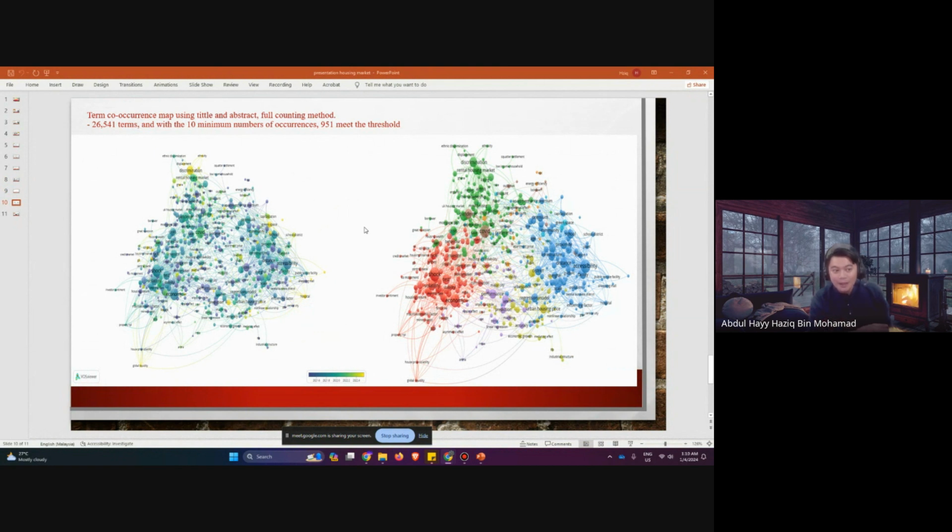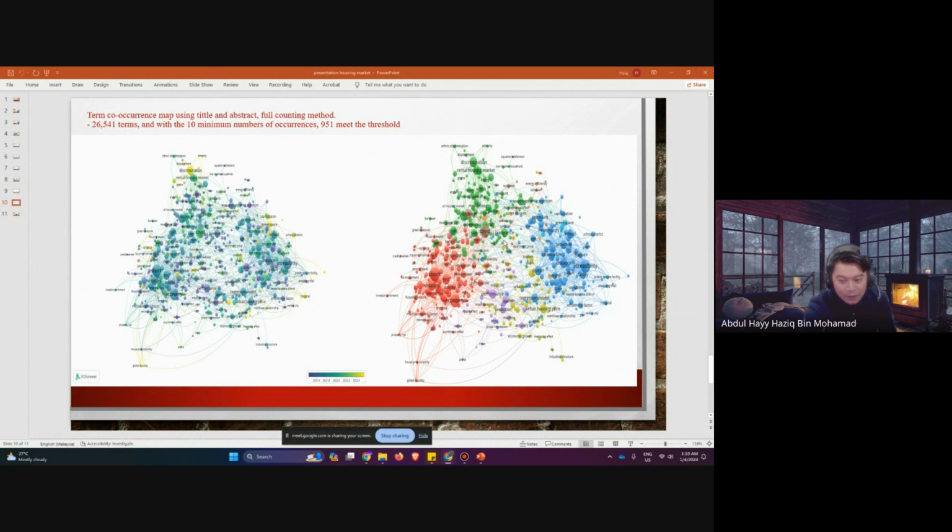Okay, and using a minimum of 10 co-occurrences, this paper accomplished 951 that meet the threshold. So overall, this is it. Actually, these two are the same, but here we are going to see the overlay, which is the time frames. This one we can see about the color cluster.